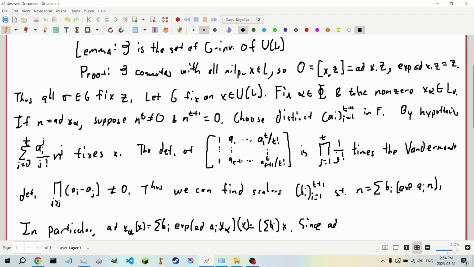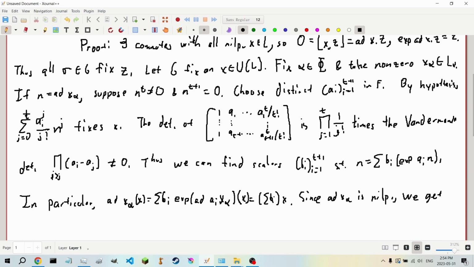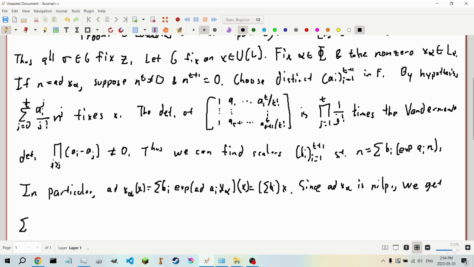Since the adjoint of x alpha is nilpotent, we get that the sum of the bi is 0 and the bracket of x alpha with x is 0.